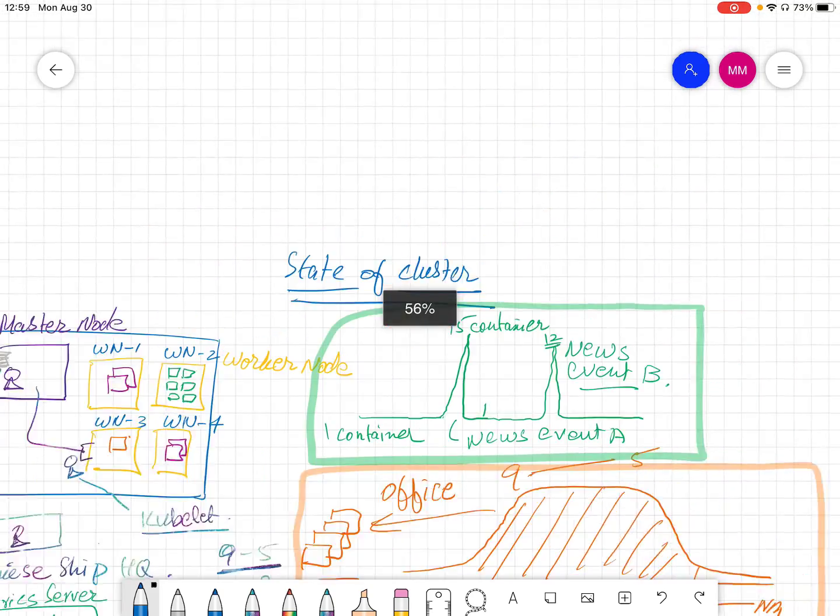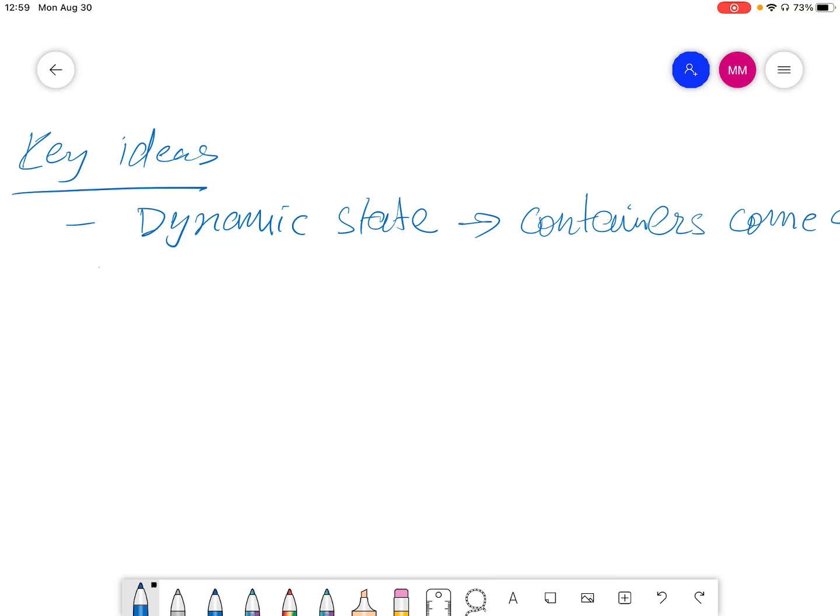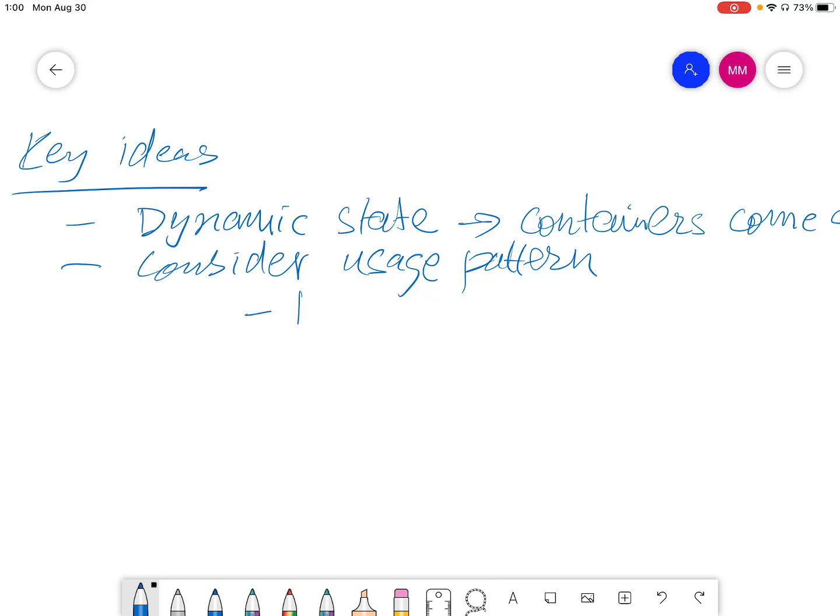The other thing that you want to keep in mind, which is a key idea over here, is: consider the usage pattern of your application. Am I a predictable pattern, which is what the banking or the office application look like, or am I spiky, random?